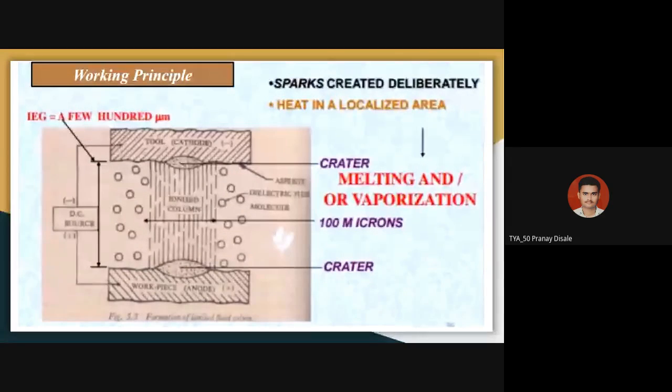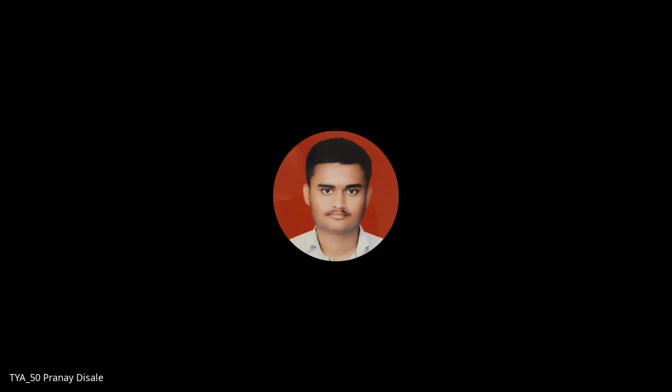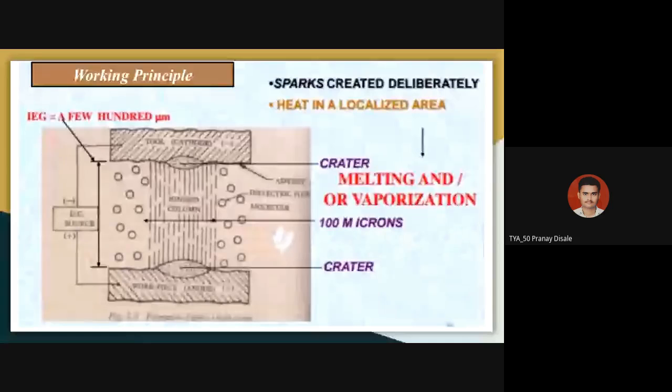Now see, okay, this is a diagram of the working principle. Now we know that we are giving the DC power supply. Now during this EDM process, DC is used, a pulse DC of 80 to 100 volt at approximately 5 kilohertz.